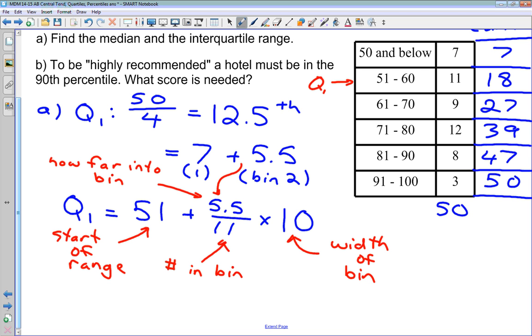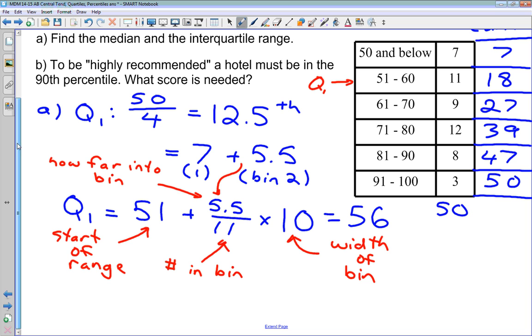So the 51 is like the starting point, and this fraction times 10 is how far is the number that would get us this fraction of the way into that bin. So we just multiply this whole thing out, and we end up with 56. Okay, so that's going to be our quartile boundary. That's going to separate the lower 25% from the upper 25%.